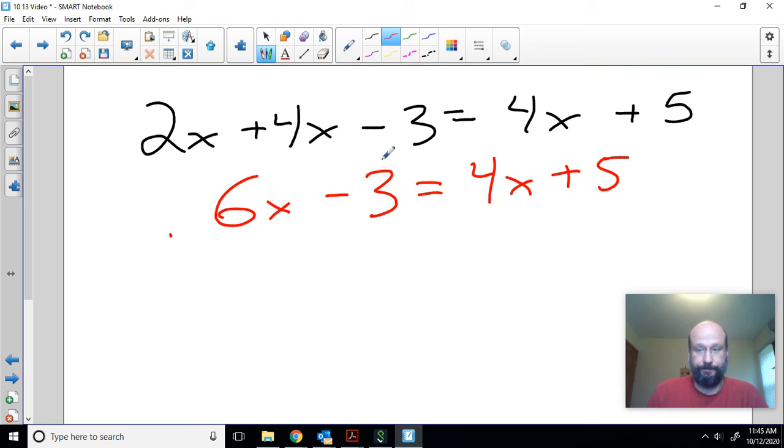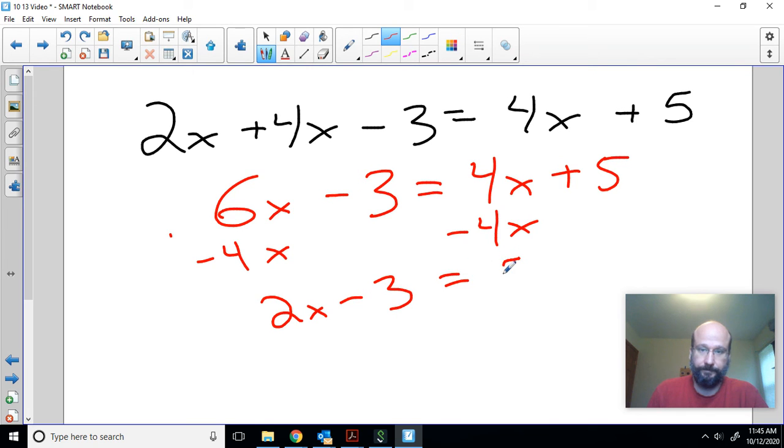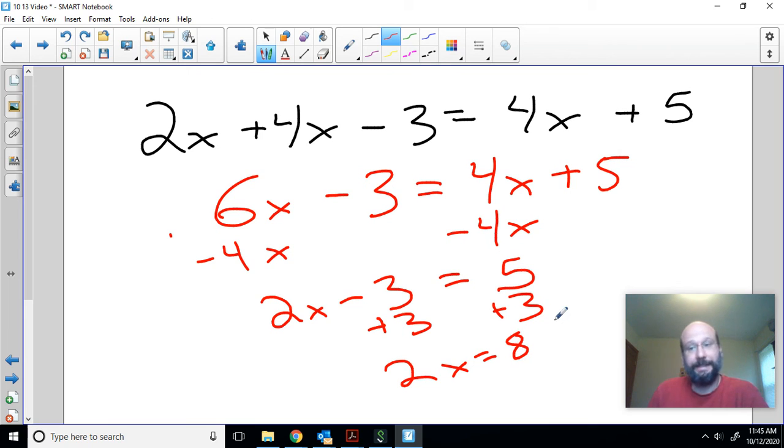What's our next step? And what is this property called? What is our next step? And what is this property called? What is our next step? And what is this property called?